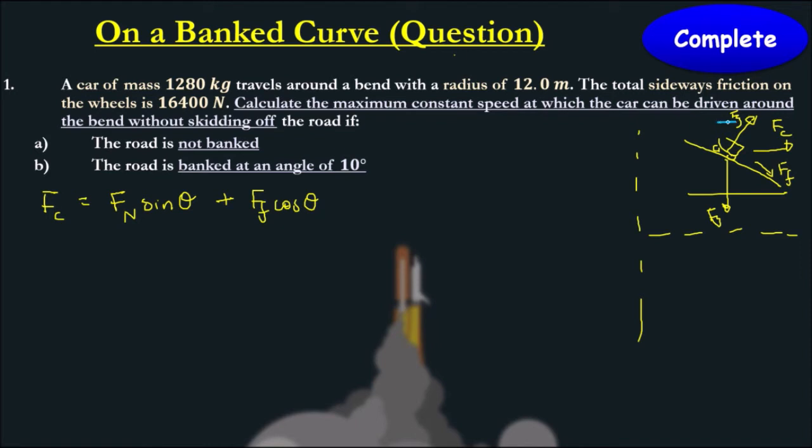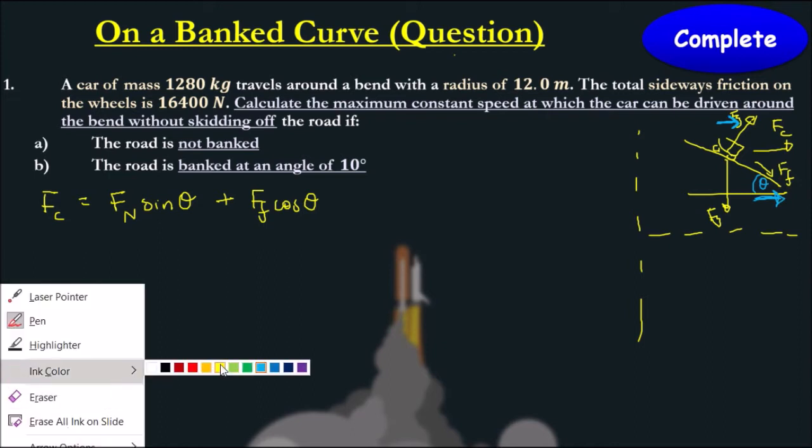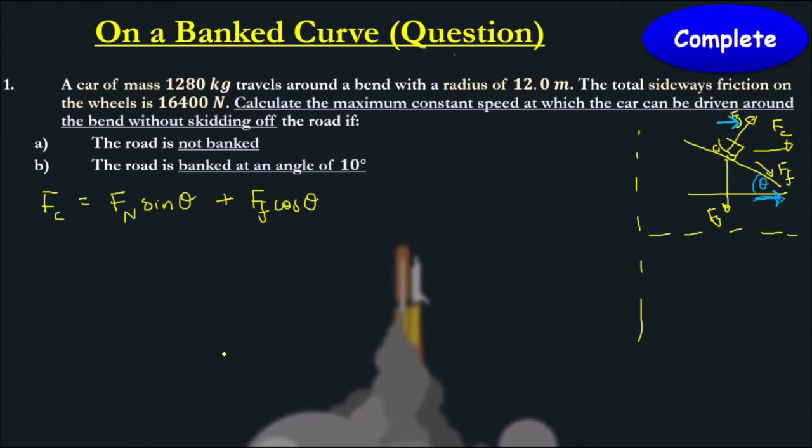So it's this bit going along from our normal force, and also this component coming along from our friction force. We have theta, which is 10 degrees, so we have all the necessary information. It's just going to be relatively long because of the type of calculations we need to include.